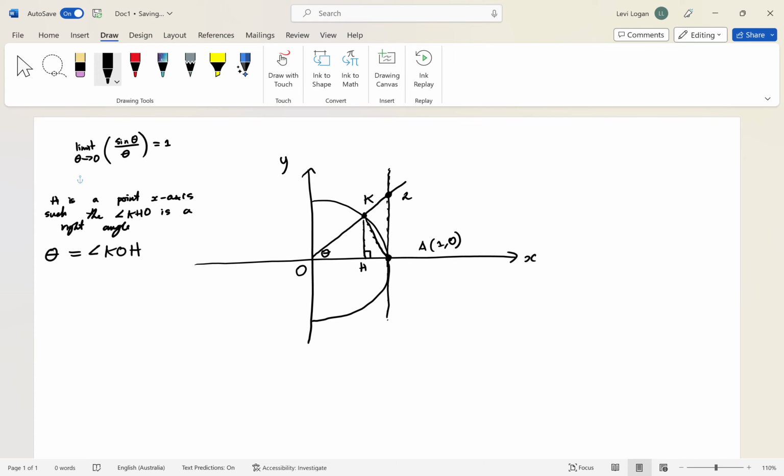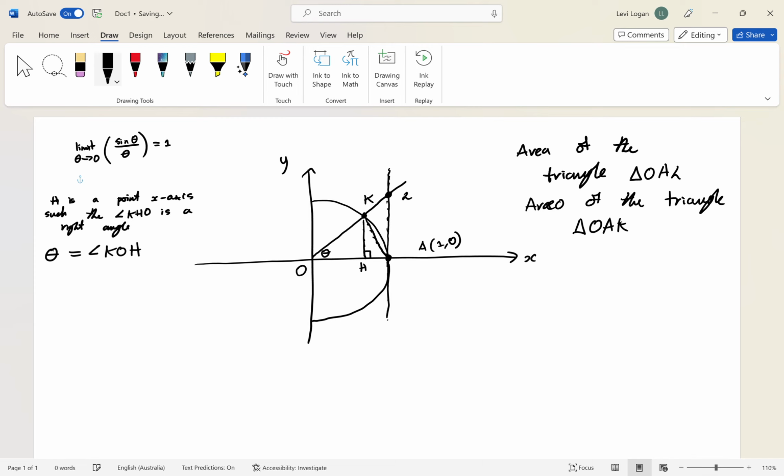We want to find an expression for the area of the triangle OAL, and an expression for the area of the triangle OAK.